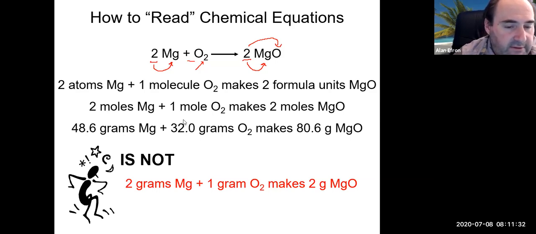And those coefficients are really important relationships that we'll see, not necessarily in these chapters, but in the next chapter where we're going. We could say, for example, that 2 atoms of magnesium react with 1 molecule of O2 to form 2 formula units of magnesium oxide. Formula unit is a term that is sometimes used for ionic compounds, because technically ionic compounds are not sharing electrons and they're not molecular.